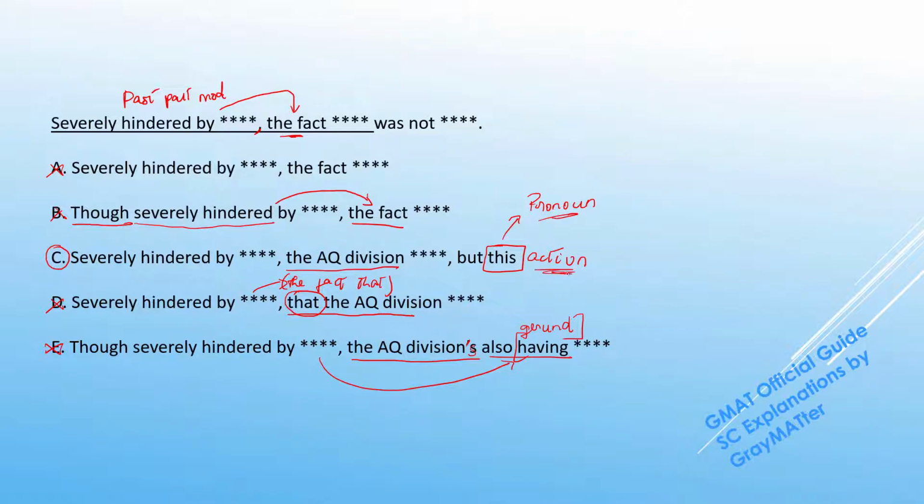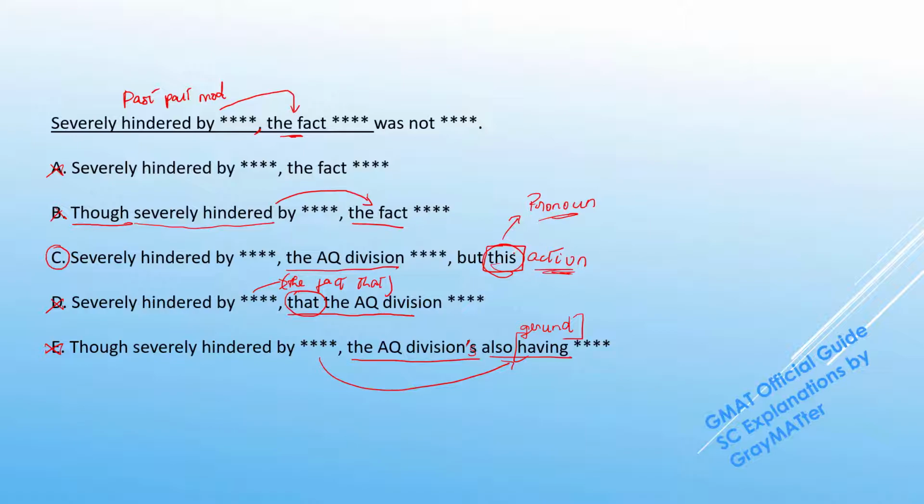So we don't have this noun here, and that's exactly the frustrating part, because in so many previous questions these kinds of answer choices go wrong because a pronoun cannot refer to an action. So I guess in the current version of the official guide, GMAT has become a little more tolerant of a pronoun referring to an action.